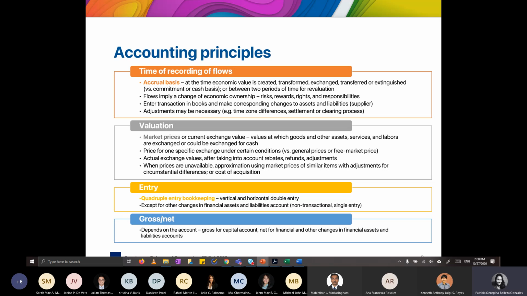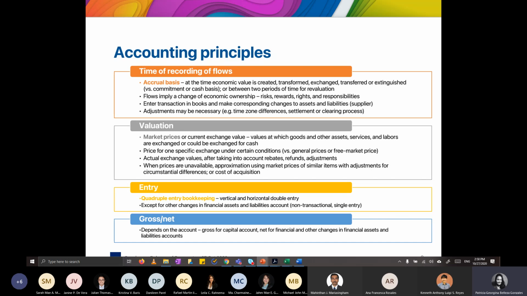Realistically, the market price is specific to the exact exchange conditions under which the transaction happened. So it's kind of unique for each transaction.